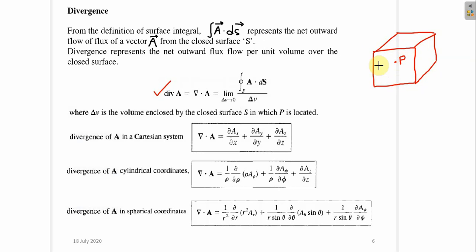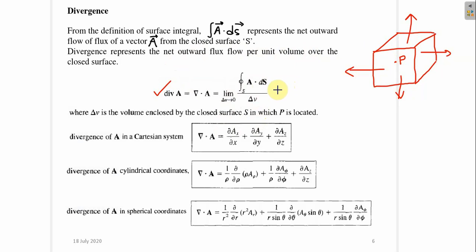The sides or faces of this cuboid are the surfaces, and the point is enclosed inside this volume V. So what does this divergence represent? It represents the net outward flux flow. Divergence means diverges, pointing outward like this. So it is the net outward flux flow per unit volume over the closed surface.